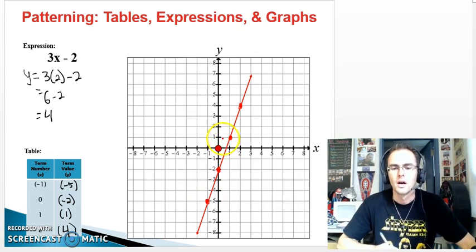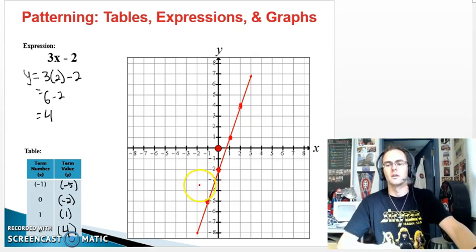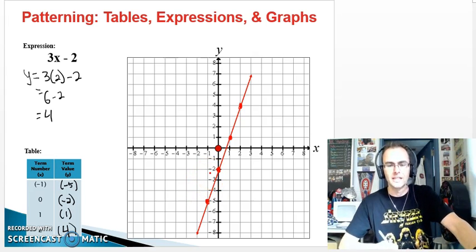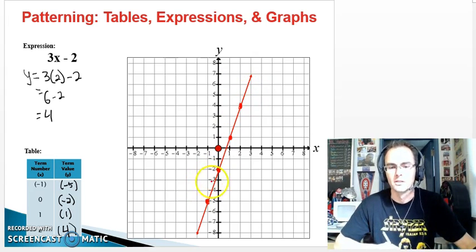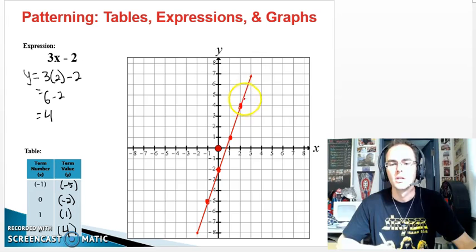Now, a lot of people might be wondering, well, why did I extend my line? And we're extending it because this is called a pattern. And in patterning, we want to be able to make predictions. So because it's a pattern, this is not the starting value or the starting term number. This is not the finish line. You could actually extend your line to make predictions.